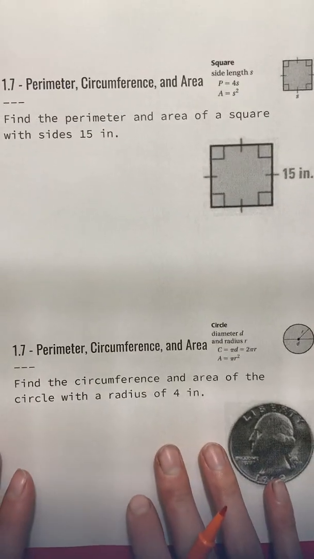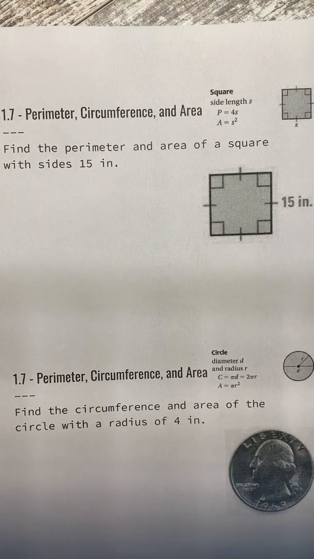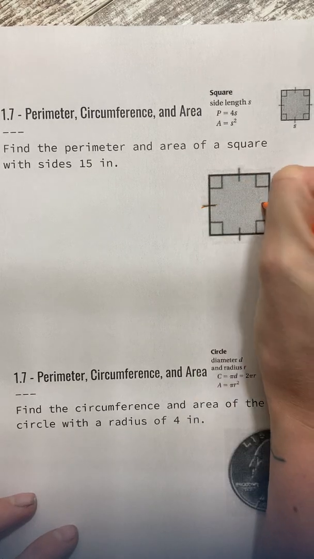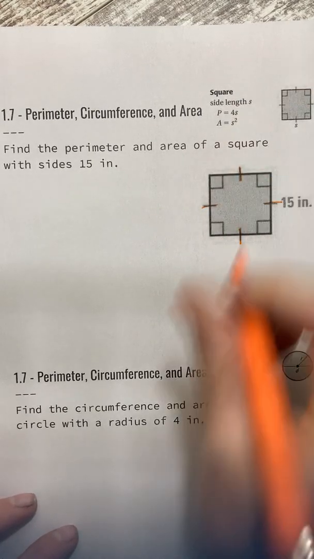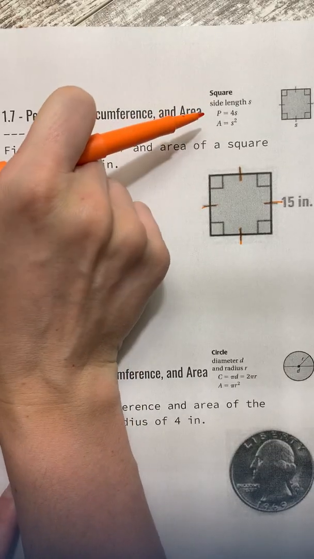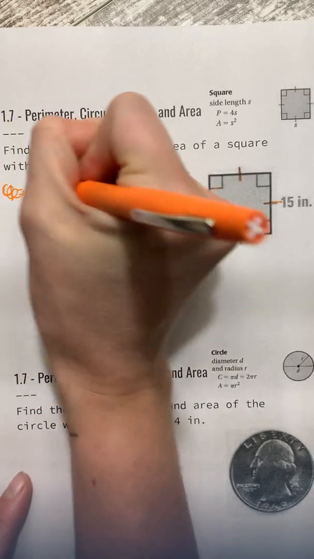Okay, last two here. So we want to find the perimeter and area of a square with sides 15 inches. Okay, and notice they all have this marking. Okay, so to find the perimeter of a square, oops, way ahead of myself here.